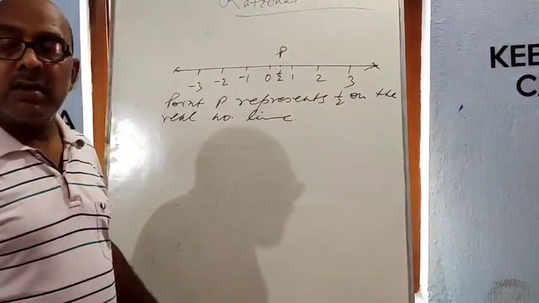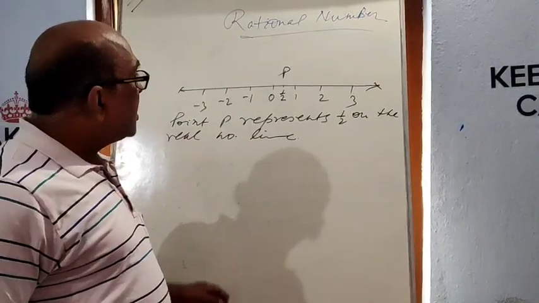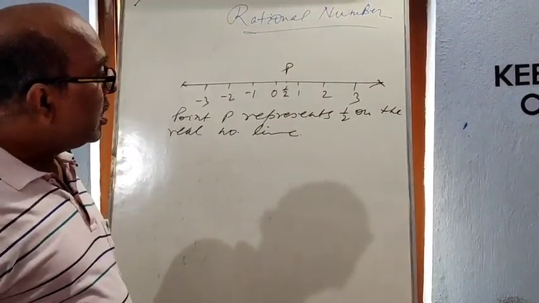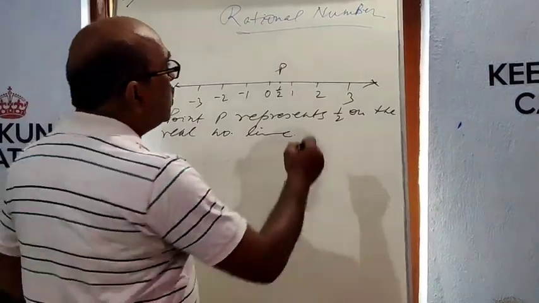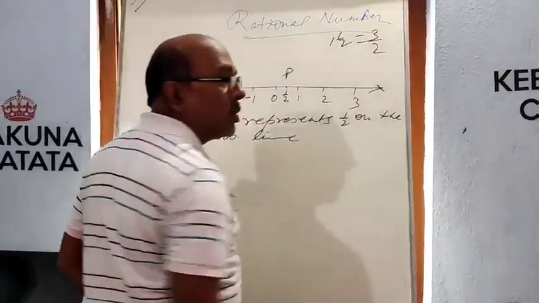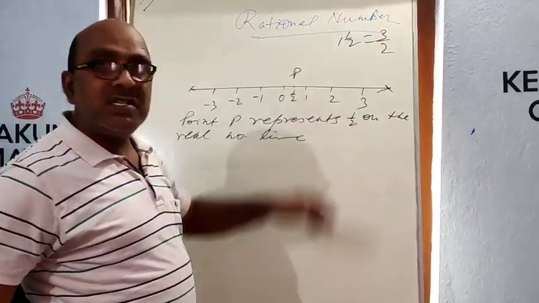Similarly, any rational number can be represented on the number line. For example, take the number one integer 1 by 2, which means 3 by 2. 3 by 2 is equal to 1 integer 1 by 2.